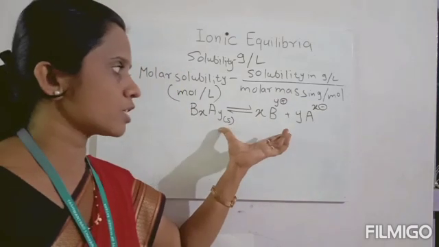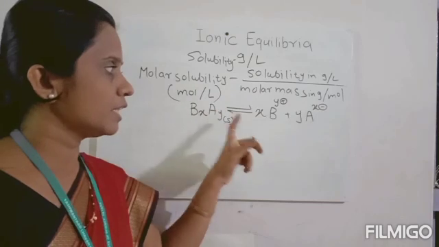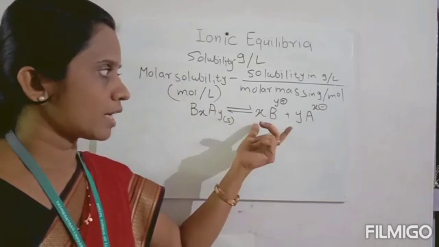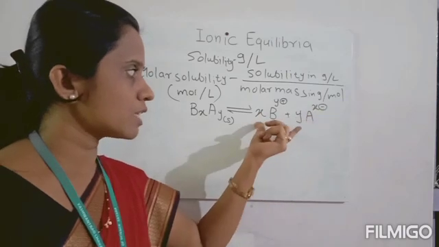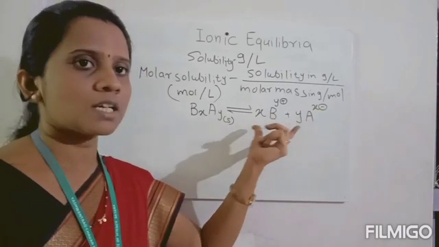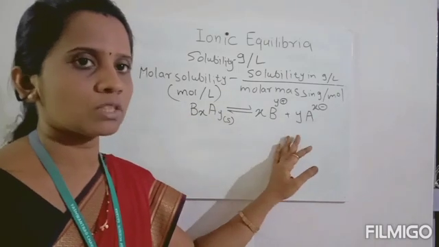So dissociation is given for this solubility equilibria, where these x and y are what? These are coefficients for the balanced chemical equation.